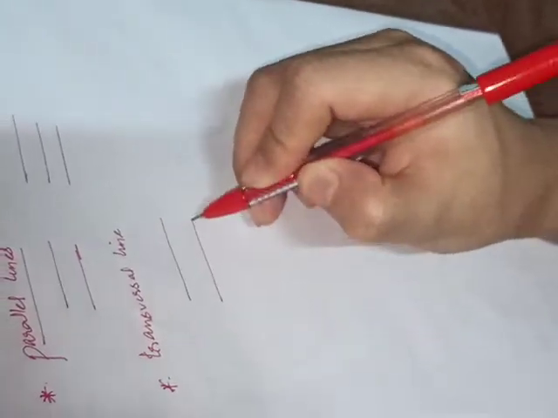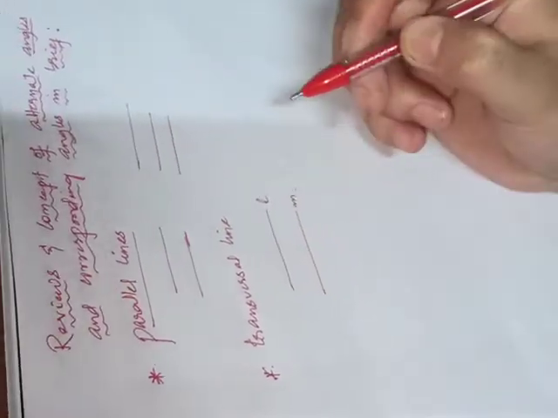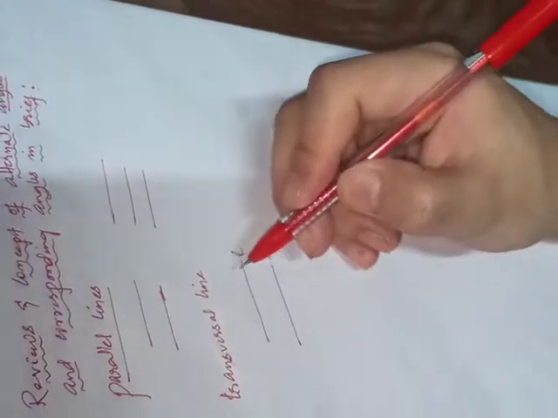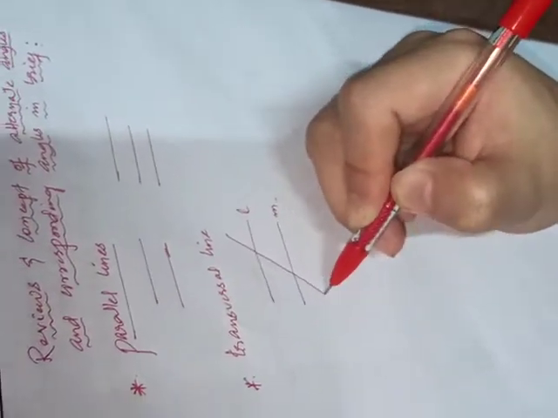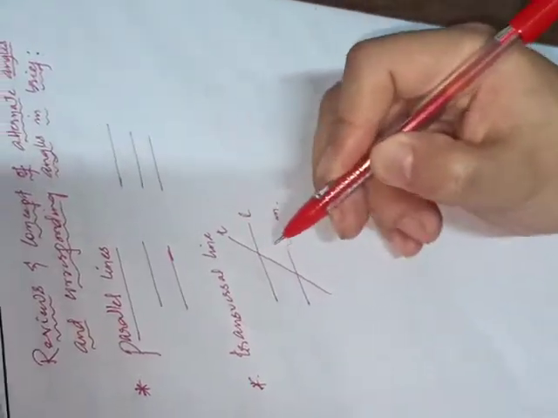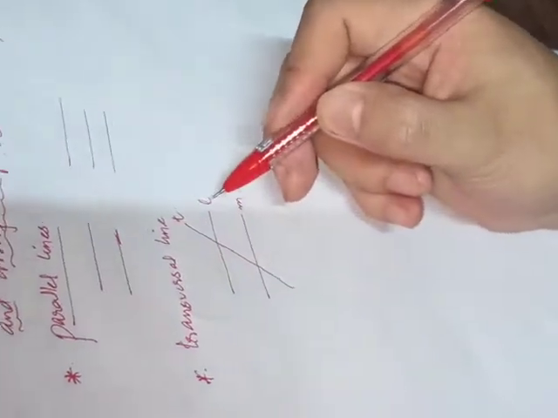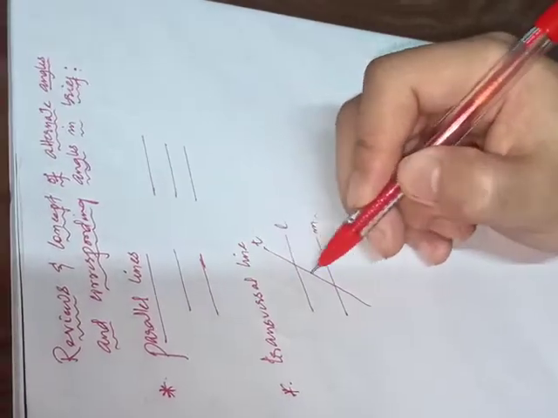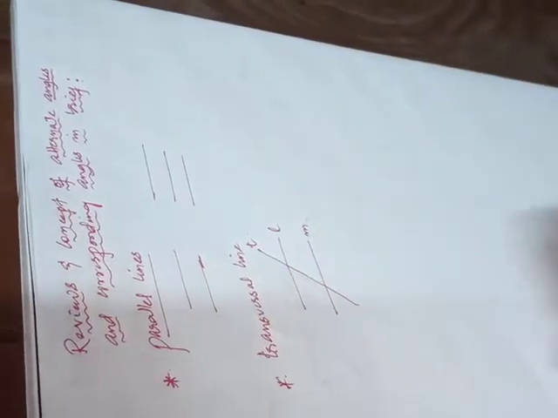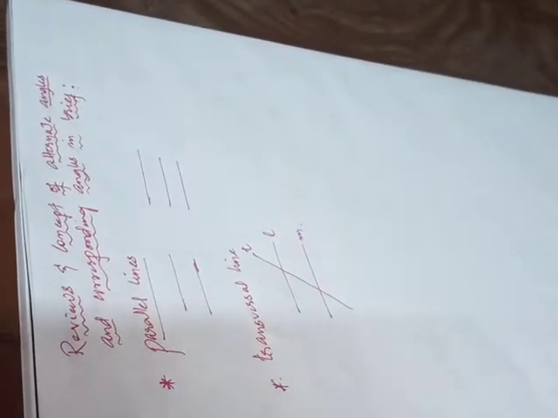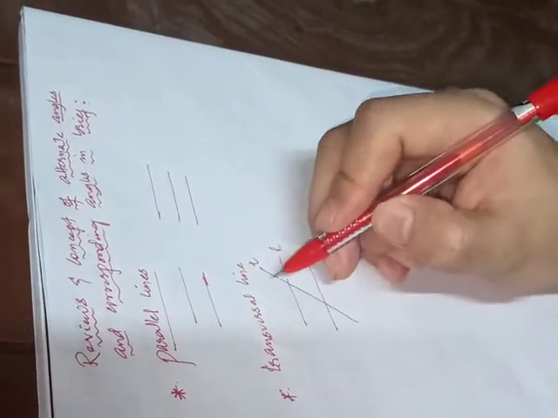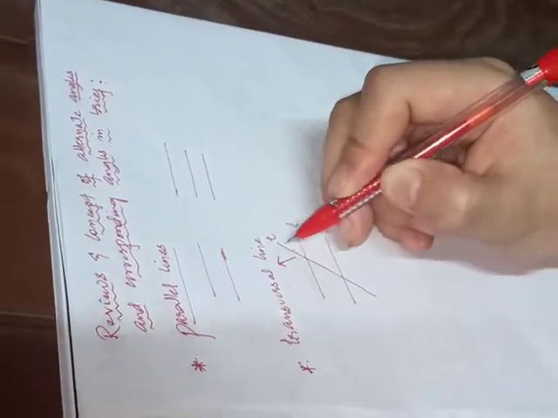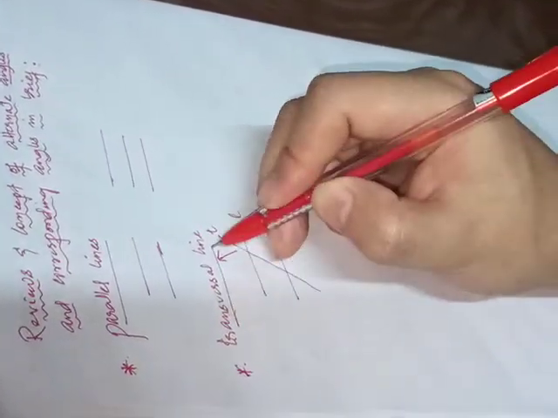If I take the lines L and M to be two parallel lines, and I take another line T that cuts through the parallel lines L and M, then this line that cuts through the parallel lines, we call a transversal line. So line T is a transversal line.